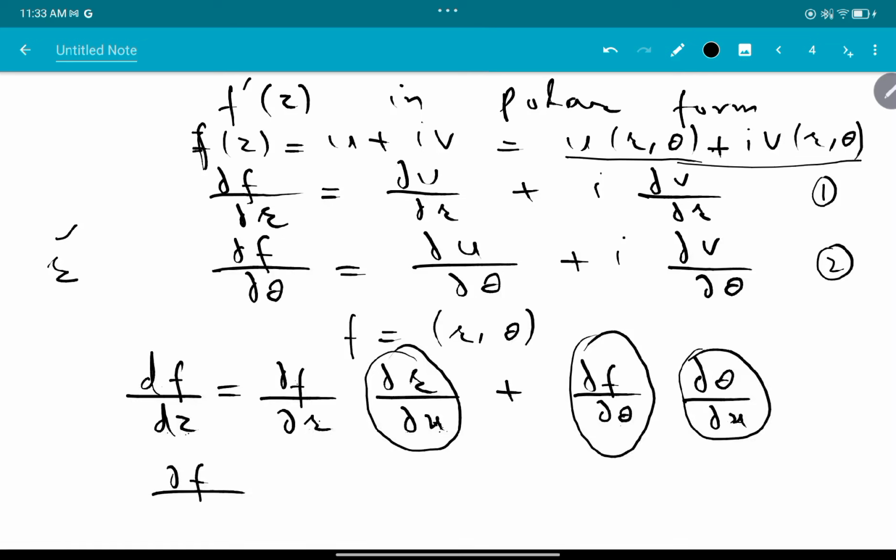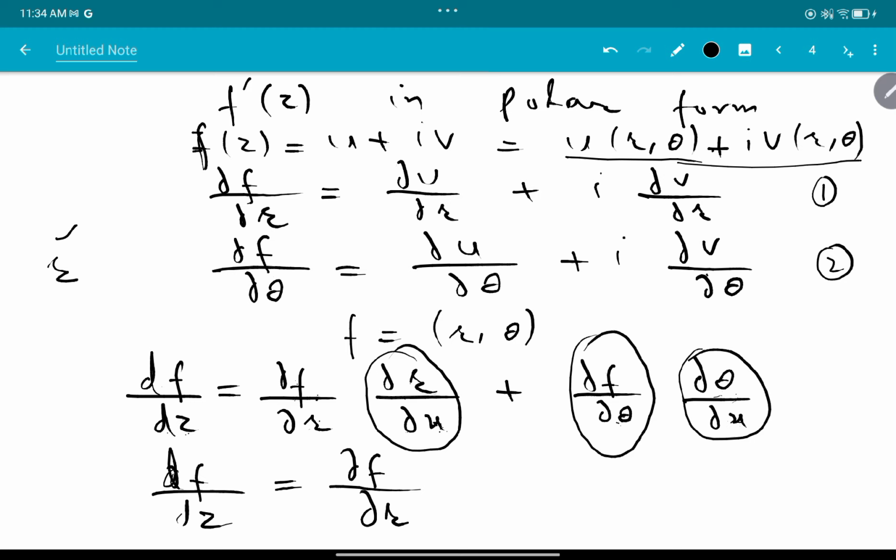I will replace this del f by del theta using this equation. But if you want to retain this here and eliminate this, then you will be using equation first in its place. That is the philosophy, nothing more than that. Del f by del z is equal to del f by del r into... why I have not been talking about these two, because their values we can get easily by using relations between polar coordinates and x y.